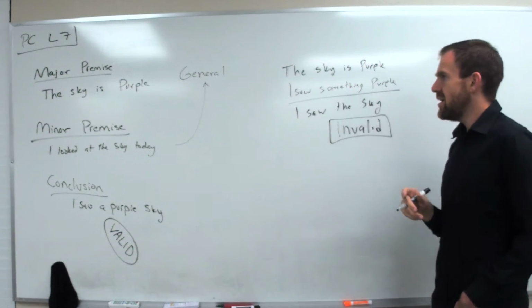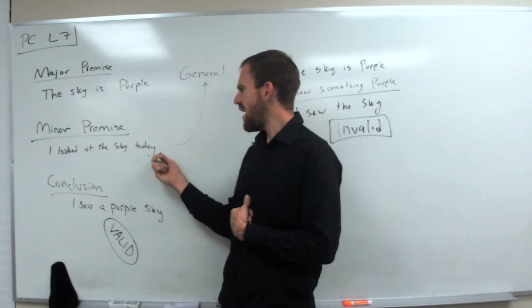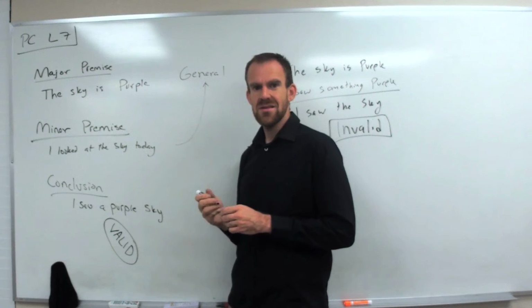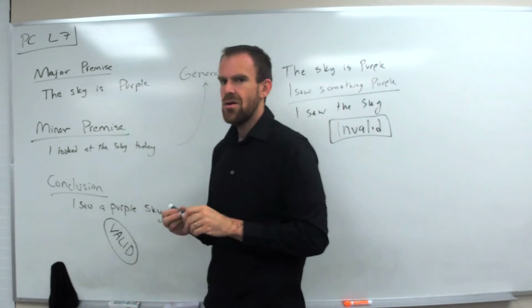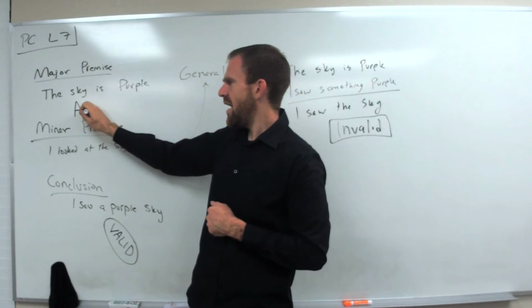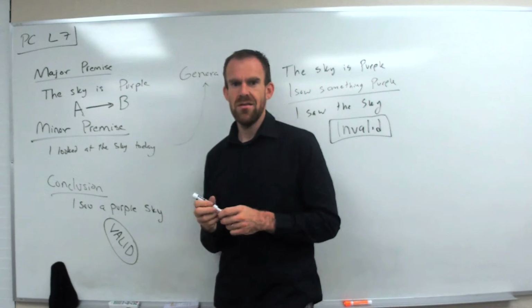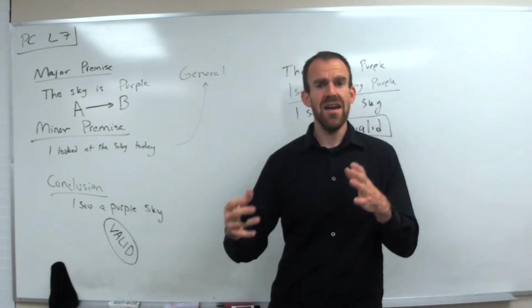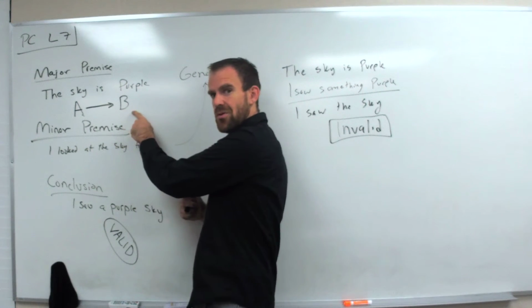Here's why. Instead of me describing something that fits into the major premise, so anytime I look at the sky, it is purple. Or if I see the sky, A, that implies that B is going to happen. So if I see the sky, it will be purple. I saw the sky, therefore it's purple.